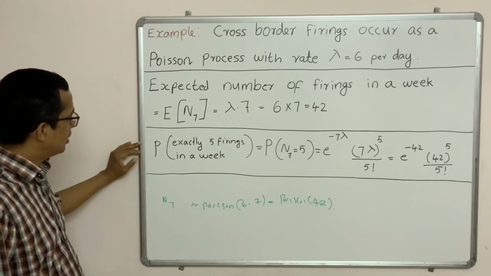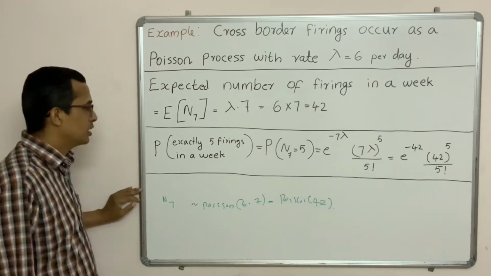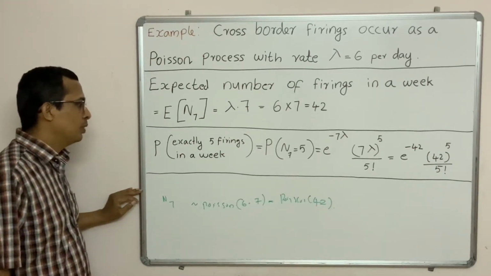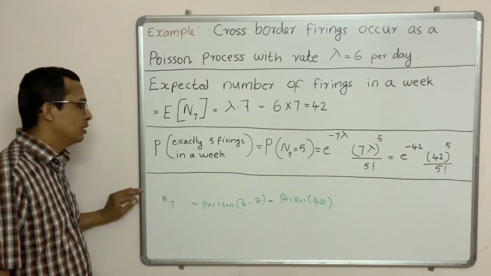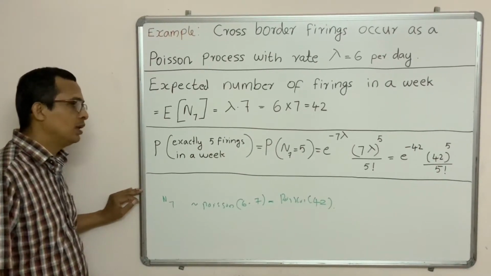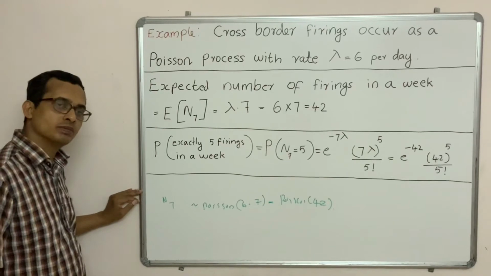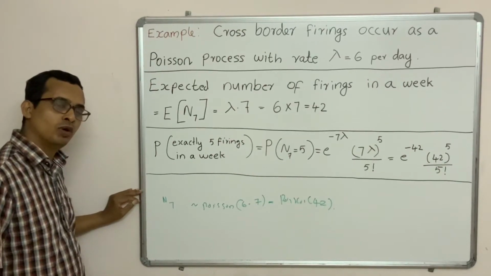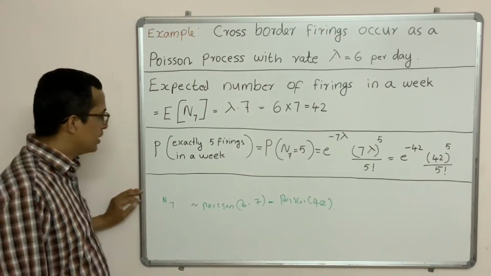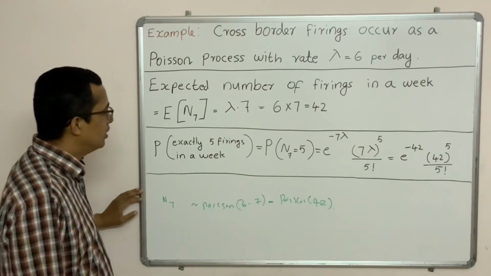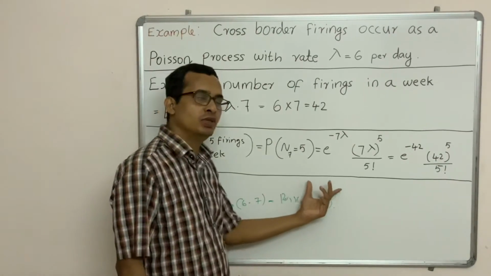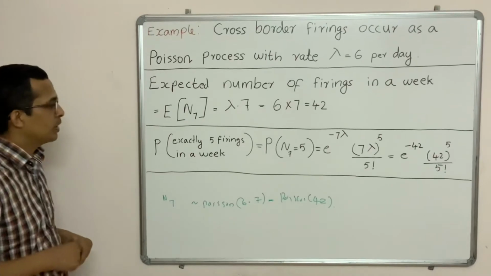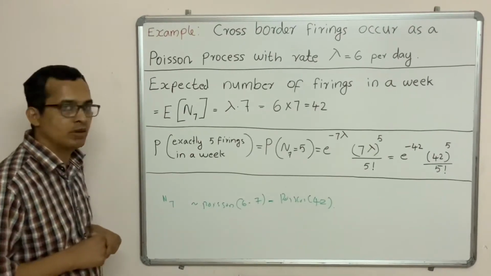Now we come to the next illustrating fact. If you want to know the probability of having exactly 5 firings in a week, so k equal to 5, the probability of N7 equal to 5, because it is a Poisson distribution, is e power minus 42, 42 power 5 by 5 factorial.